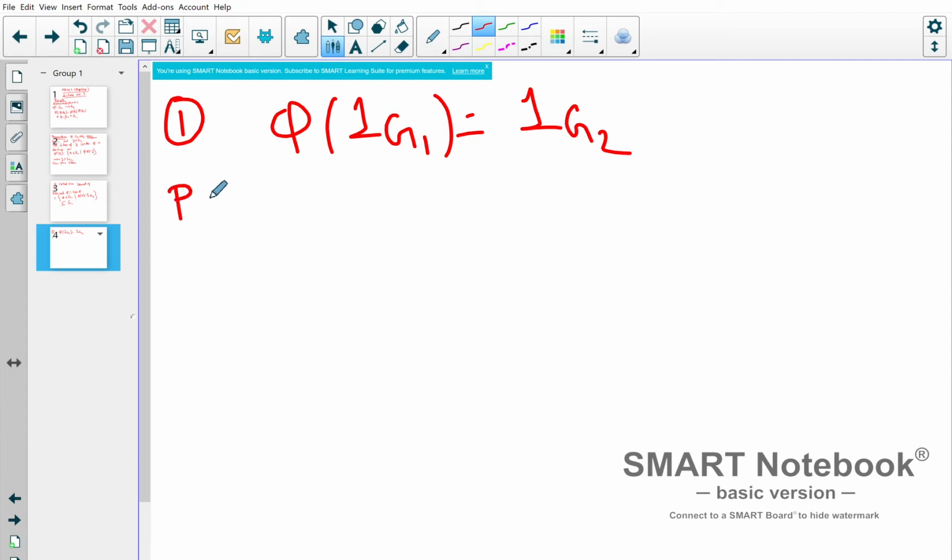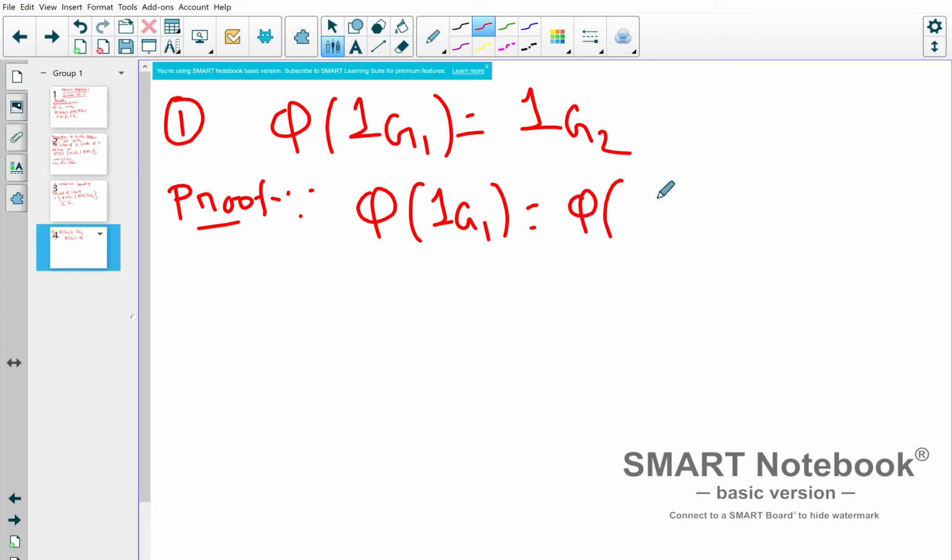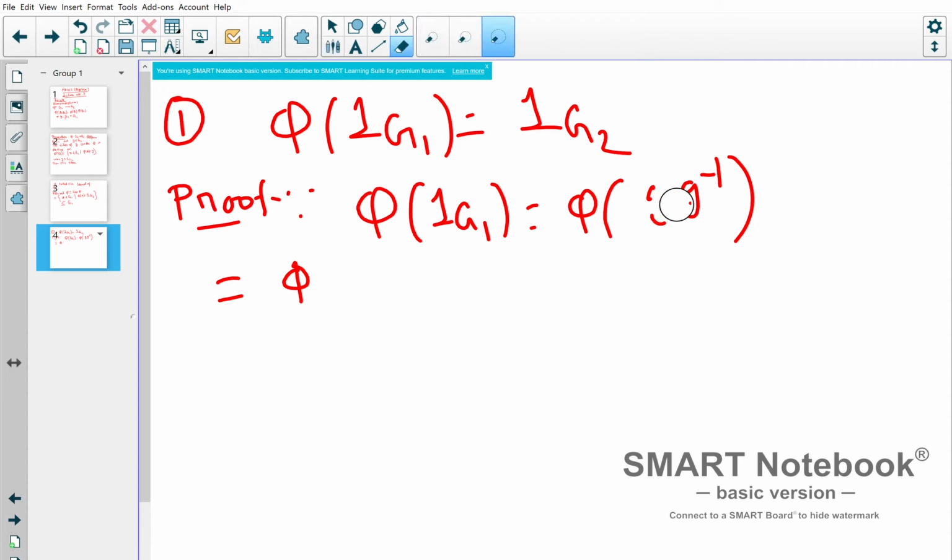Let me give you a small sketch of the proof. I can write the identity of G1 as 1 times 1, and that is done. Then phi of 1 G1 equals phi of 1 G1 times phi of 1 G1.